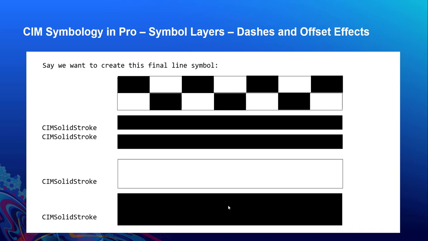That's going to be the base of our symbol. We'll overpost on that a slightly thinner white stroke that'll act as the background for our checkerboard. And then we're going to use 2 slightly narrower CIM solid strokes, the combined width of those 2 black solid strokes equaling the width of the white stroke. And we'll use those 2 black solid strokes for our checkerboard.